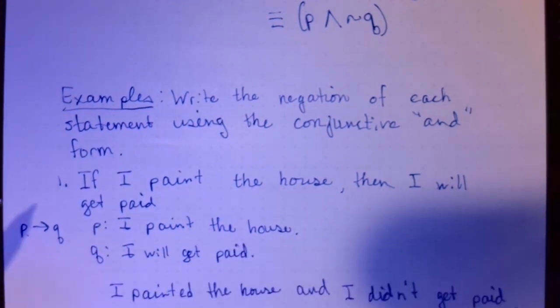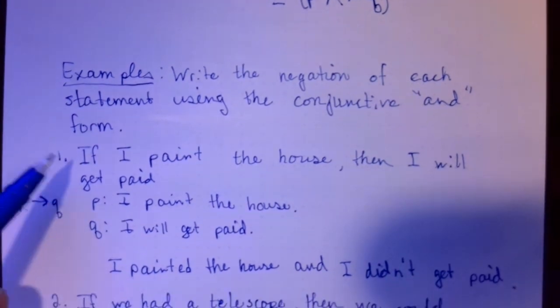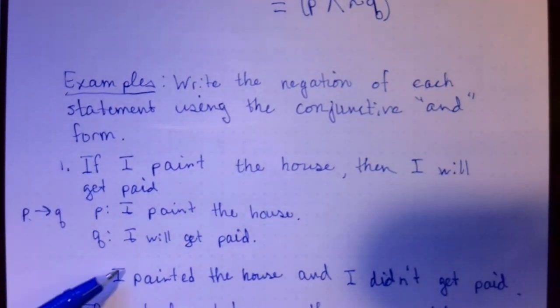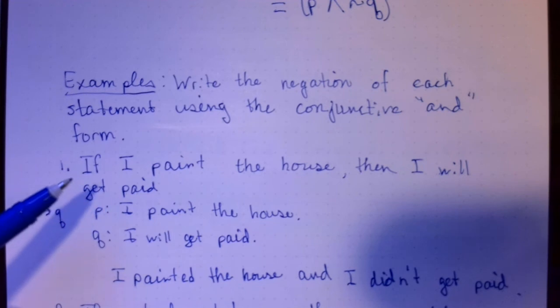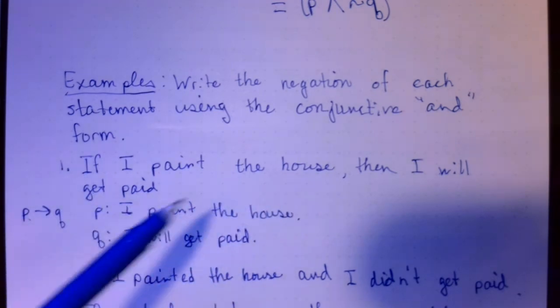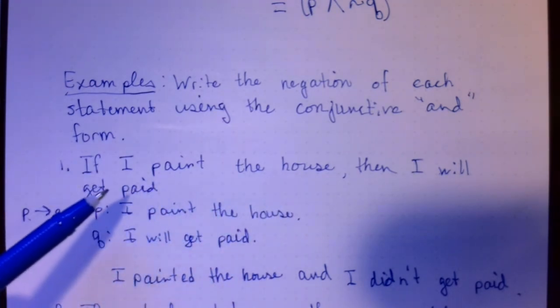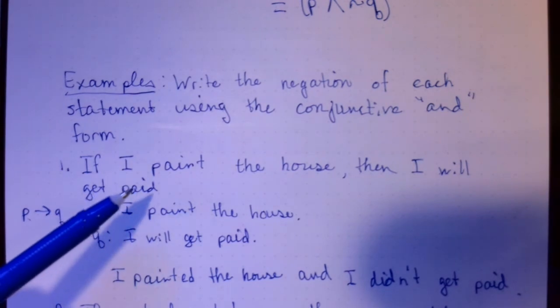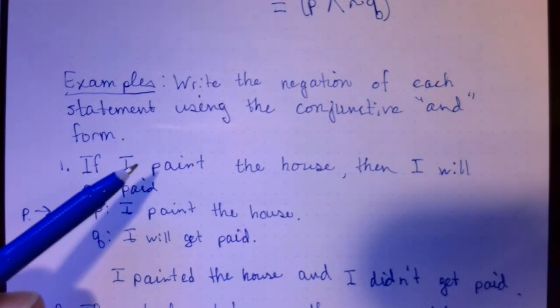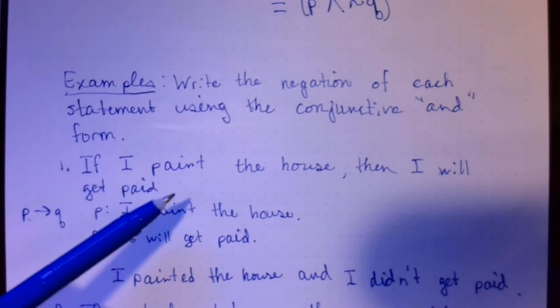Okay, now remember, a statement and its negation are supposed to have opposite truth values. So if the statement we're starting up here with, if I paint the house, then I get paid, is false, then for that statement to be false, you have to paint the house and not get paid.